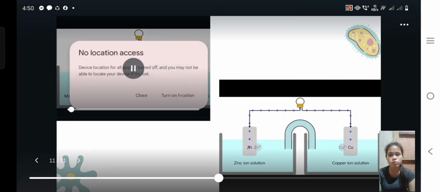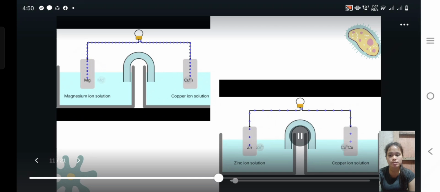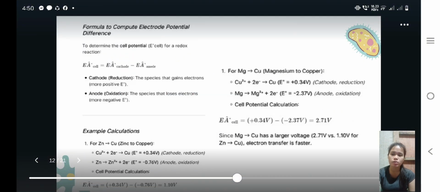The magnesium and copper and the zinc and copper. The movement of the magnesium to copper is much faster than the zinc to copper. Why? Bakit kaya? So let's get to know.